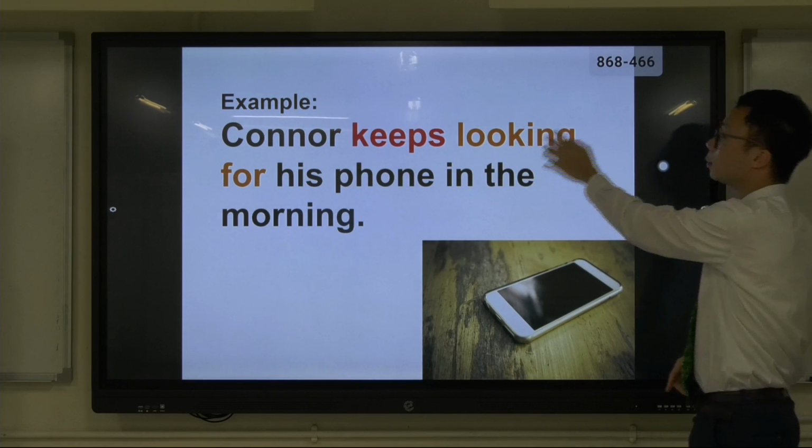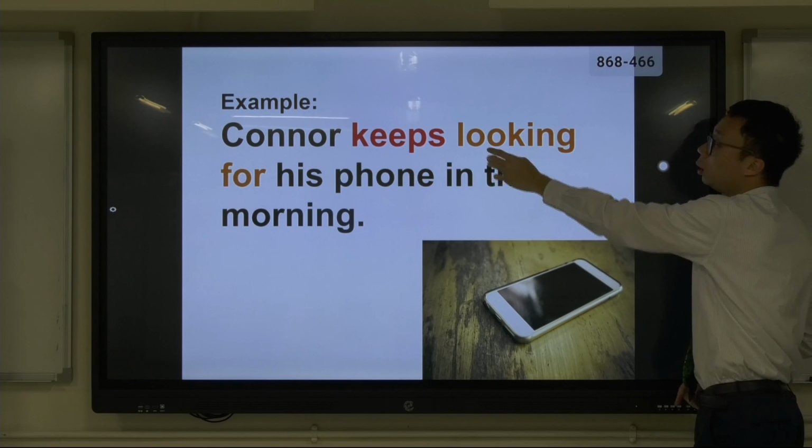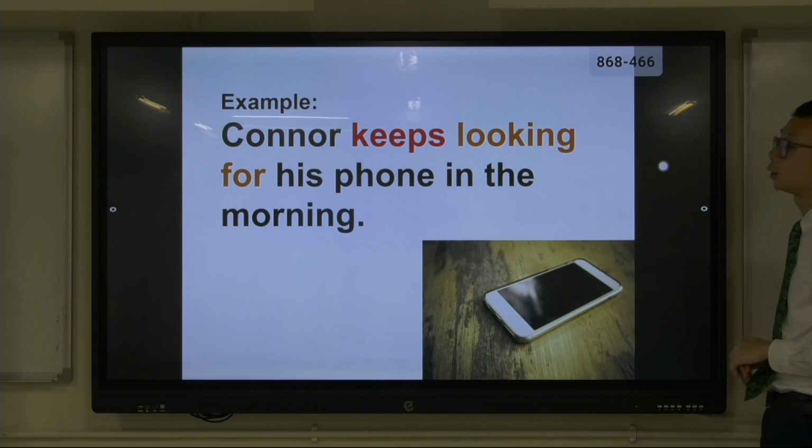That's why Connor keeps looking for his phone in the morning: you change look for into looking for.